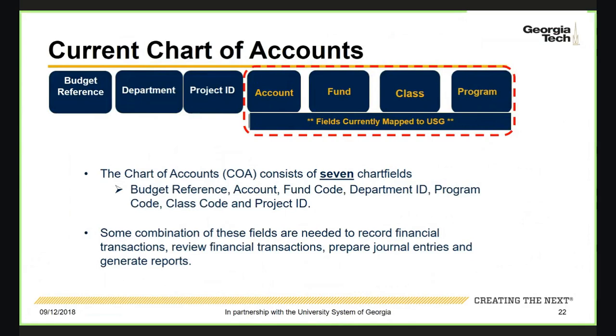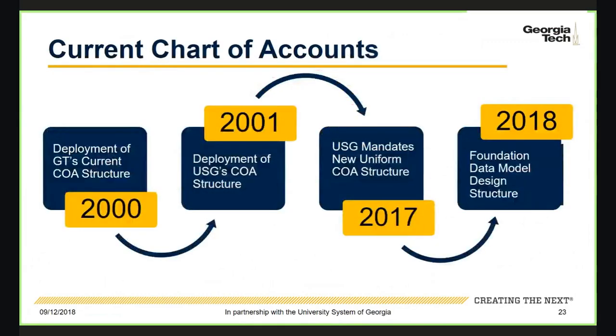To answer why our chart of accounts is changing, we need to talk a little history. In 2000, Georgia Tech implemented PeopleSoft and rolled out the chart of accounts we are currently using. The next year, the University System of Georgia published their chart of account structure.